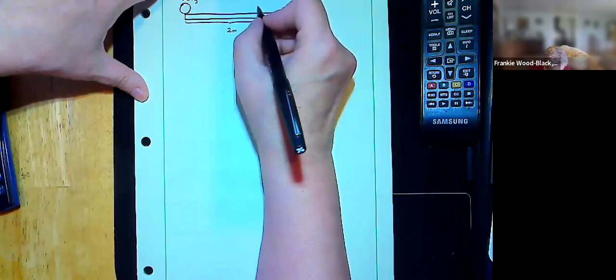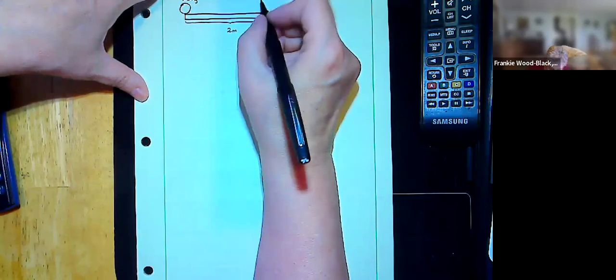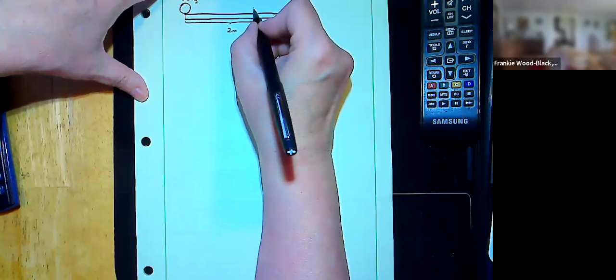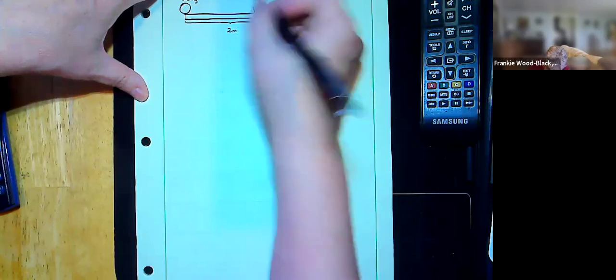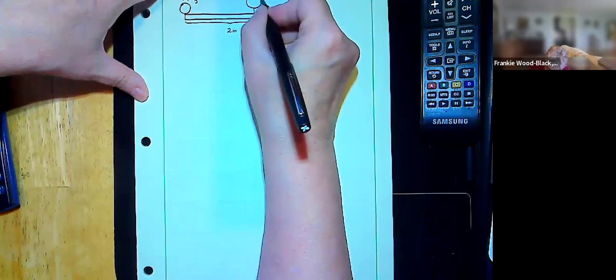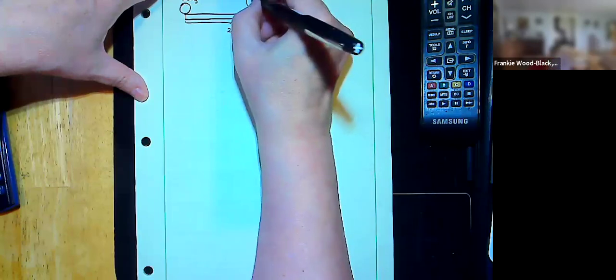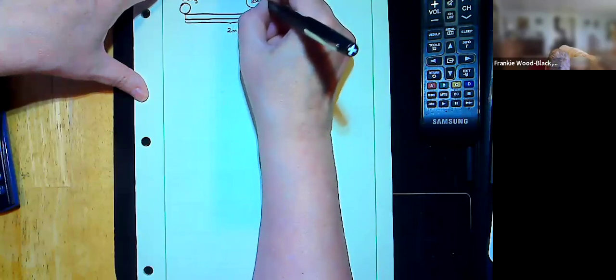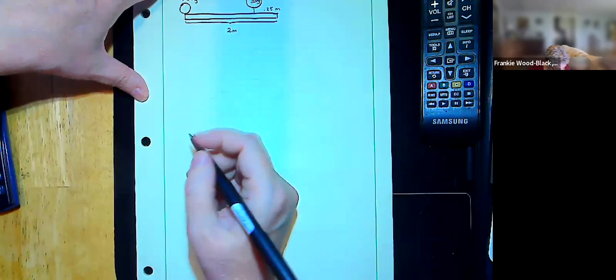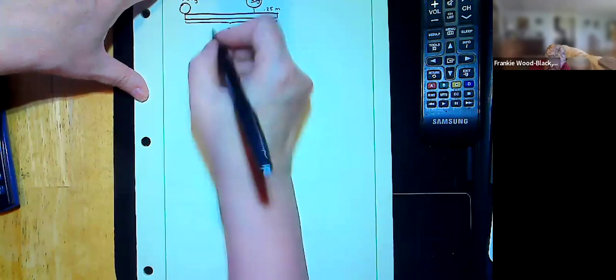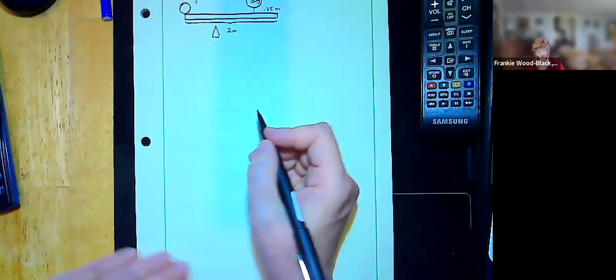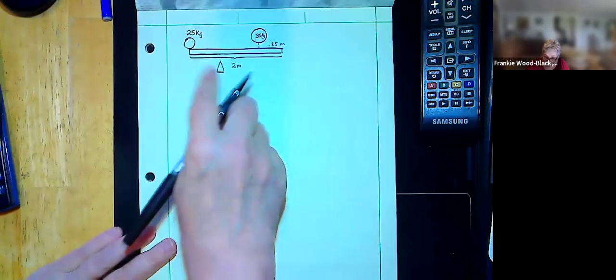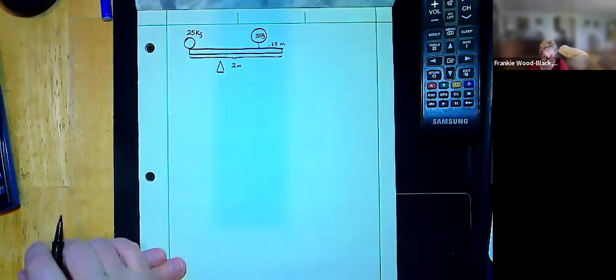And we're going to put another object, 35 kilograms, at 0.25 meters away from this end. We want to set our pivot here such that our plank will balance.